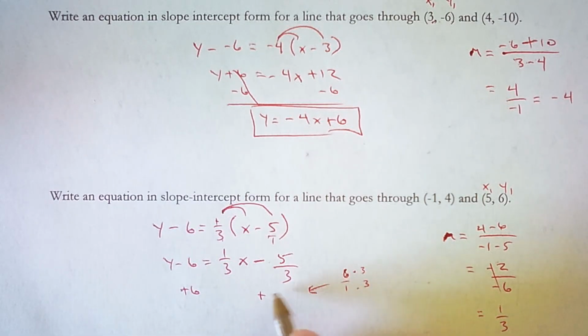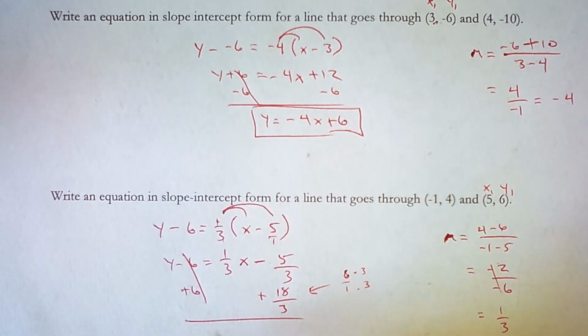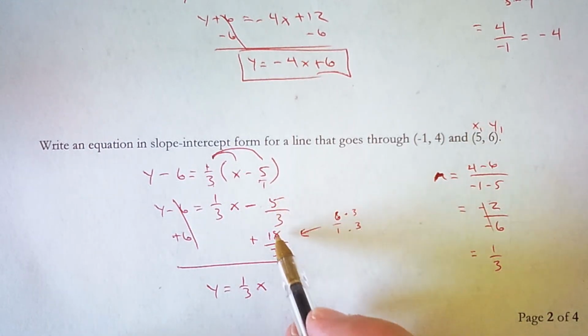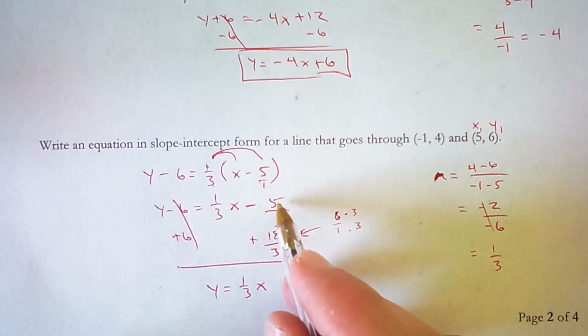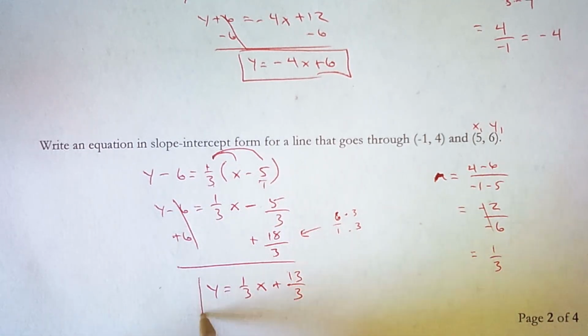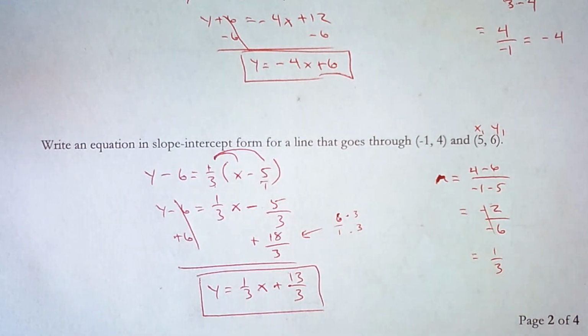So we're going to get 18 over 3. So those 6's cancel, and I get y equals 1/3 x, and then negative 5/3 plus 18/3. Negative 5 plus 18 is 13, so plus 13/3. And there is my equation in slope-intercept form.